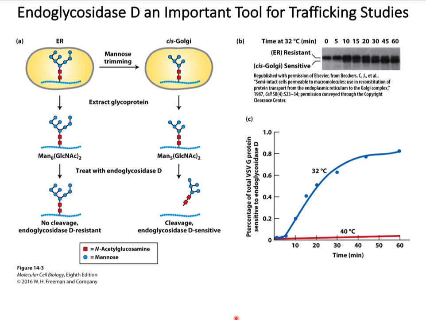The interesting part is that the researchers used a temperature-sensitive mutant of the VSV called TS045. This TS045 VSV mutant grown at 40 degrees will not transport proteins out of the ER, but at 32 degrees, the protein will be transported to the Golgi.